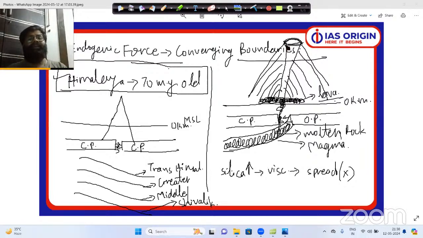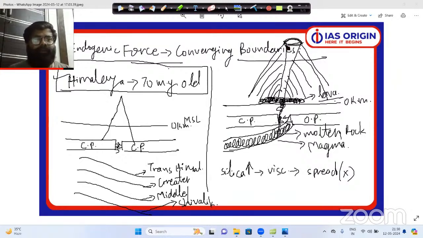So this is the another concept of active or not active volcano. Whenever you see any volcano which is active, and from the mouth of that particular mountain, which is also known as crater, you see lava coming out of the crater, you need to understand that that is an active volcano.